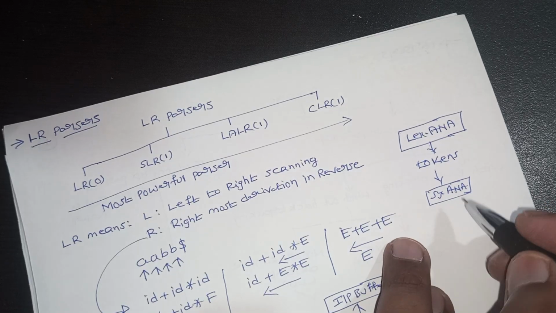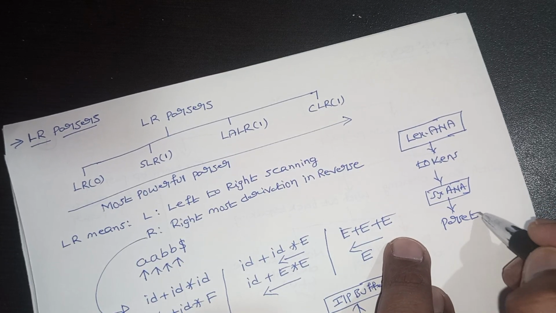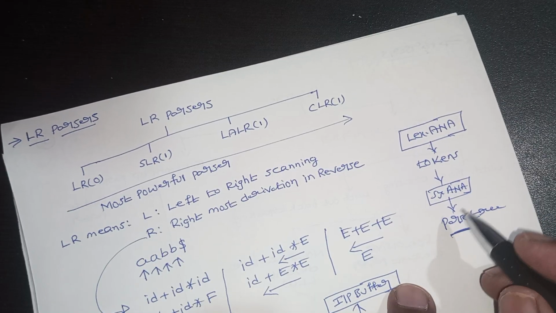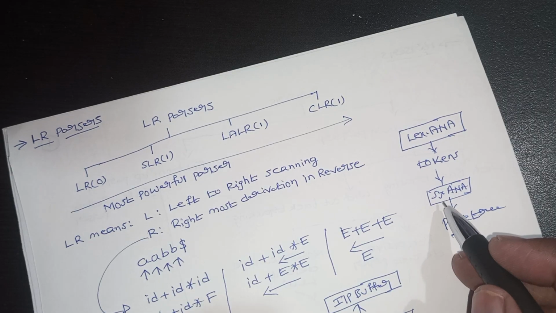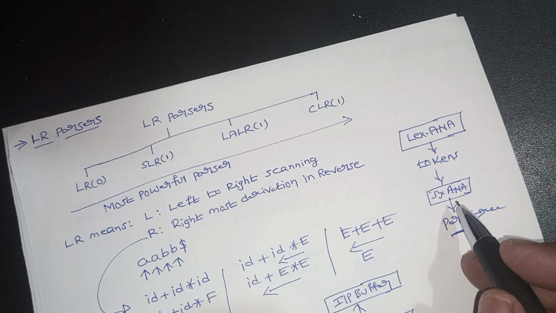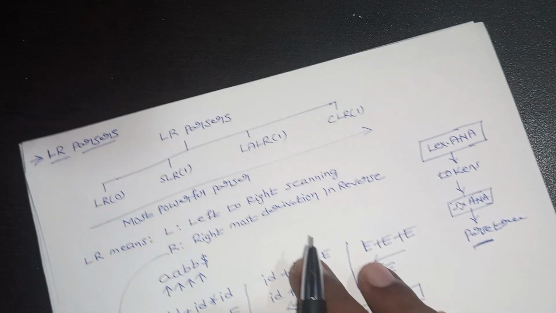What is the output I have to get? I have to get a parse tree. Already we have seen this. In this phase I have to identify the syntax errors, and after overcoming the syntax errors I have to build the parse tree. That is the actual concept.